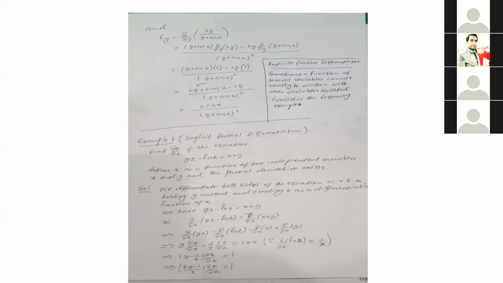Now here fy is equal to del over del y of this function 2y divided by y plus cos x. And like in the previous case, doing these steps, you get at the end 2 cos x divided by y plus cos x whole square. It means applying the quotient rule and then the sum rule, you are left with at the end 2 cos x divided by y plus cos x whole square.